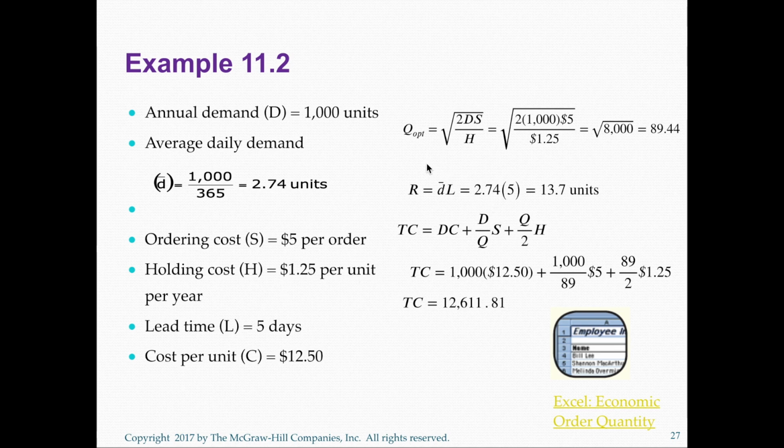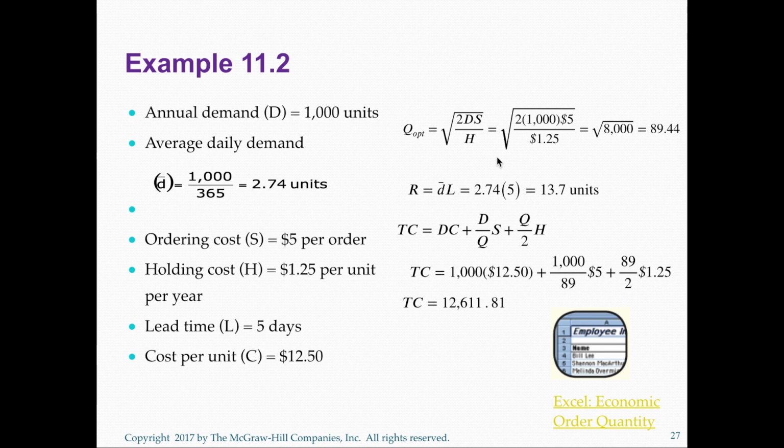So based on this information, we can compute the optimal reorder quantity Q sub opt, that is equal to the square root of 2 times 1,000 units times $5 divided by $1.25 per unit per year. We get a result of 89.44. Therefore, rounding off, the reorder quantity of this part is 89 units.